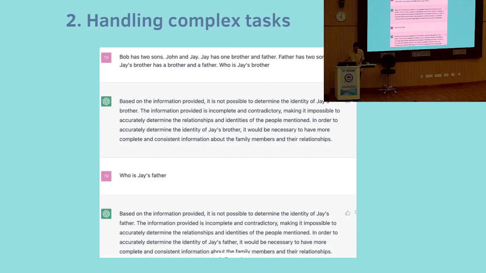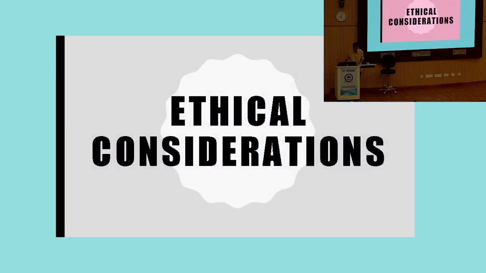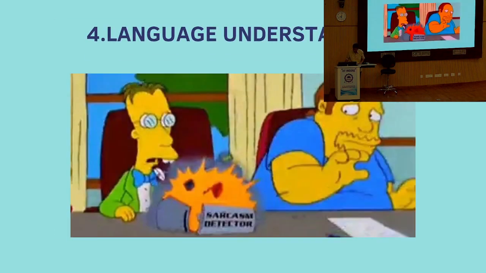Okay, so ethical considerations. Conversational AI can raise some ethical considerations like data privacy and biases. You will learn more about them in upcoming slides, so I'll just move on. Language understanding.